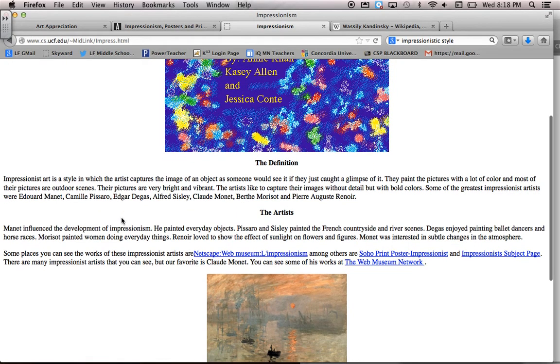They paint pictures with a lot of color, and most of their pictures are outdoors. A lot of times you'll hear the term plein air, which means open air. The artists would take a palette, take their tools, grab an easel, and go outside and create a painting within maybe a few hours. The cool thing was that these Impressionist painters are catching a snapshot.